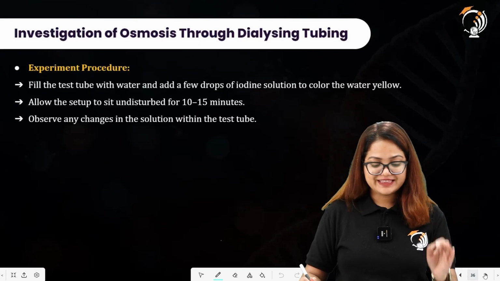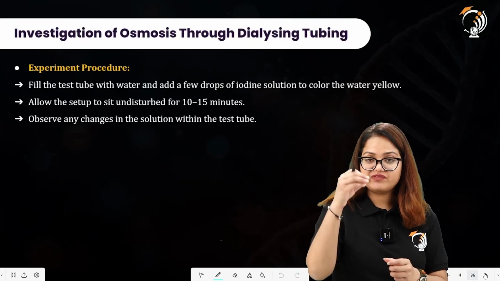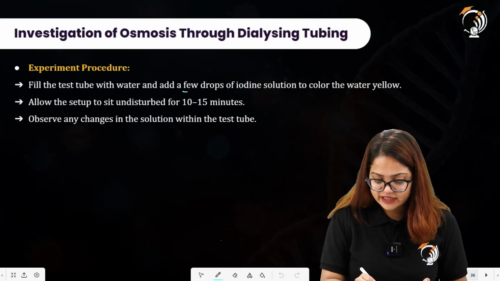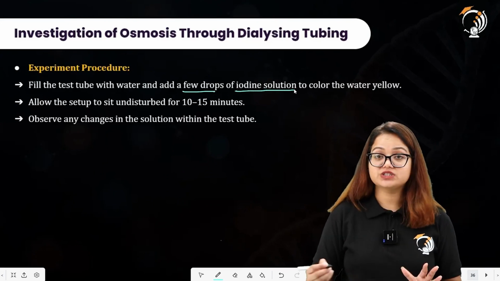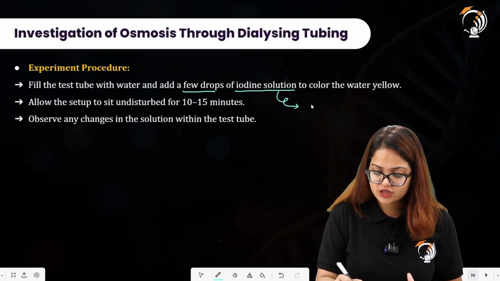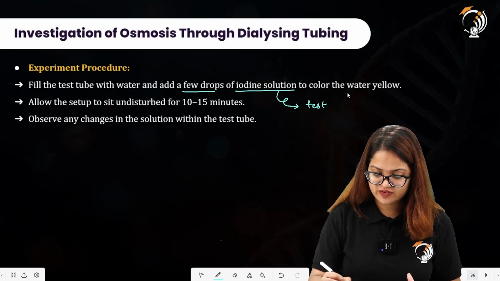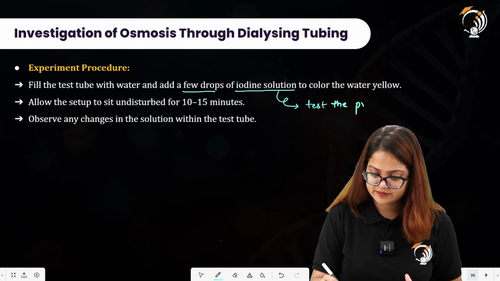Experiment procedure: fill the test tube with water. So we have first taken out the test tube, we have filled it with water and added a few drops of iodine solution. Now what does iodine solution do? It tests the presence of starch.